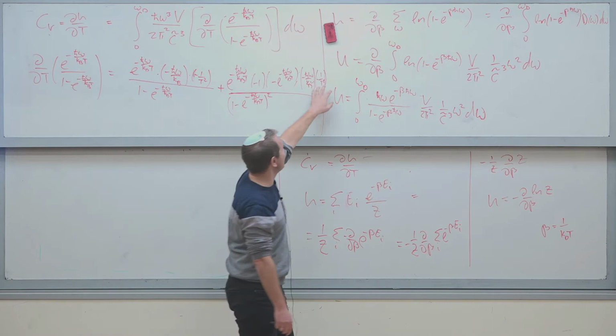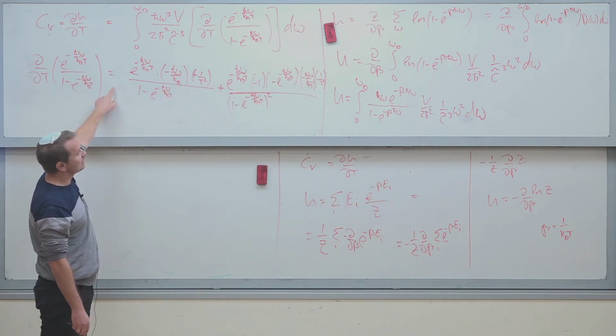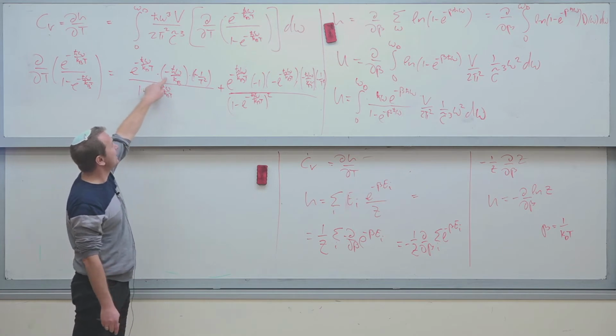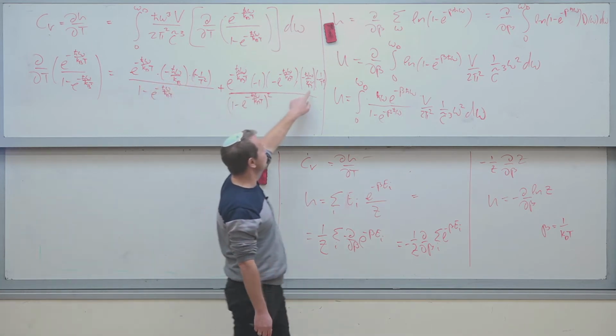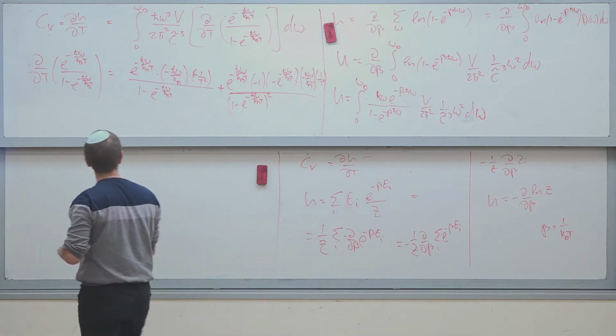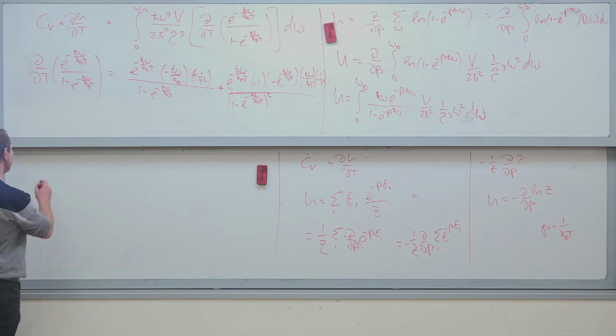And then you sum up those two terms. There are some factors that are exactly the same, like minus h bar omega over k Boltzmann times 1 over T squared. The same goes over here. A lot of the stuff actually cancels out.